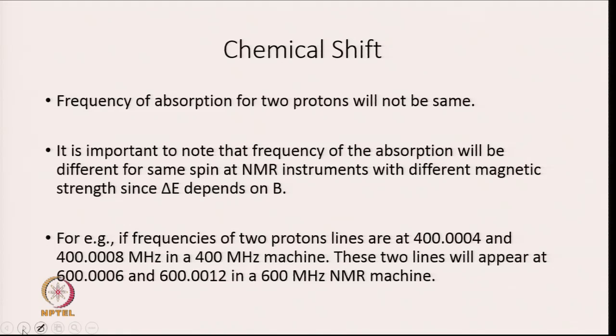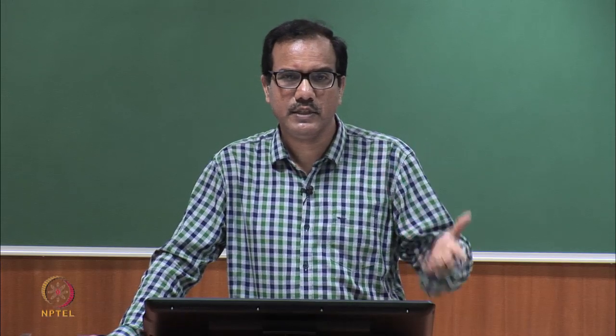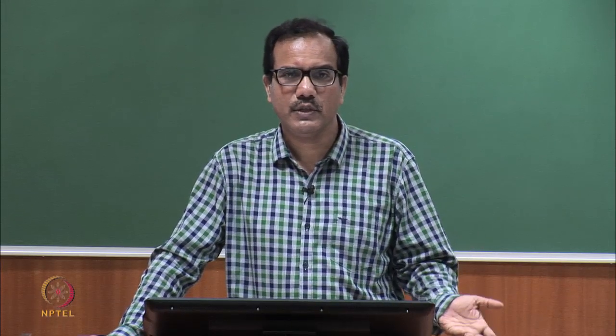For example, the frequency will be different at a 400 megahertz NMR machine and at a 600 megahertz NMR machine, since delta E will increase if I increase B, and so nu is going to be greater.